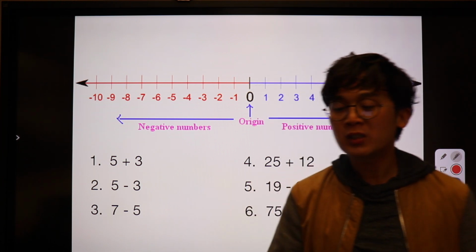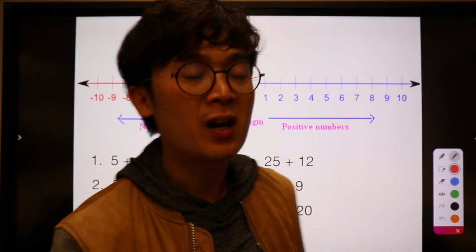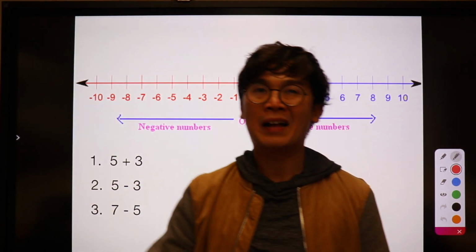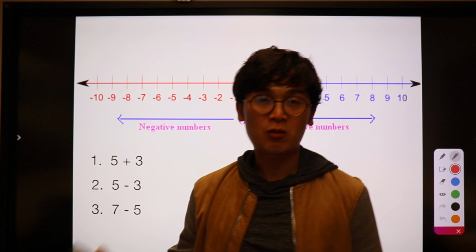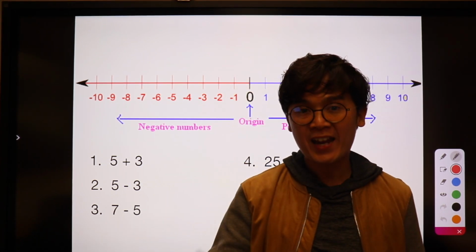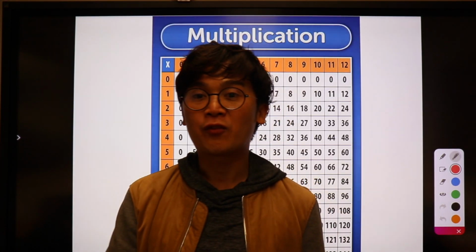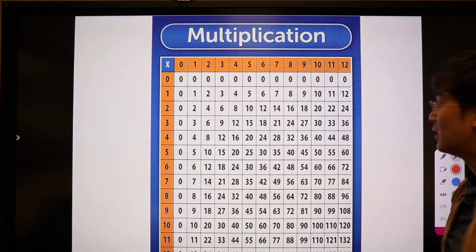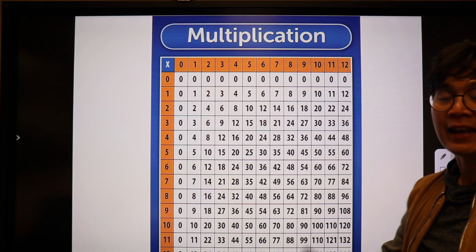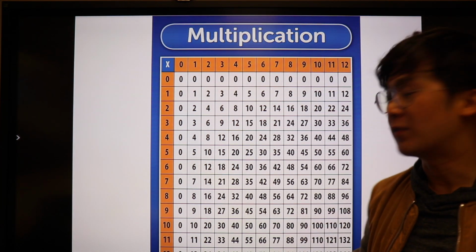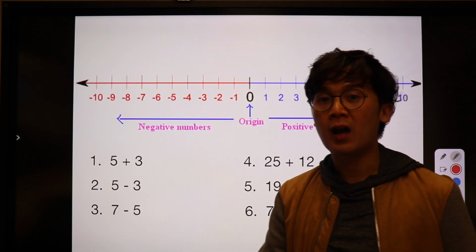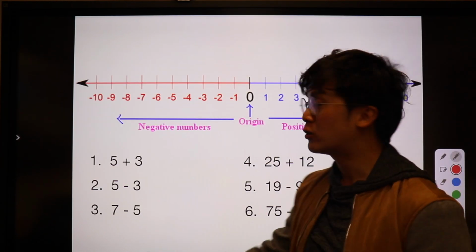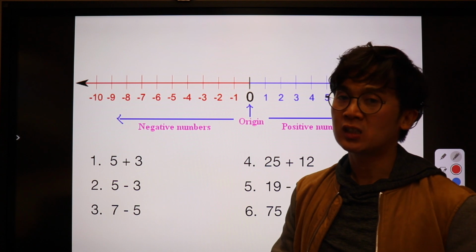Just like when we are multiplying, we're not going to be able to answer a basic multiplication problem like 5 times 3 or 7 times 8 or 6 times 4 if you don't know your multiplication table. And it's the same thing as adding and subtracting positive and negative numbers. You should know your number line so you'd be able to understand how to add and subtract positive and negative numbers.